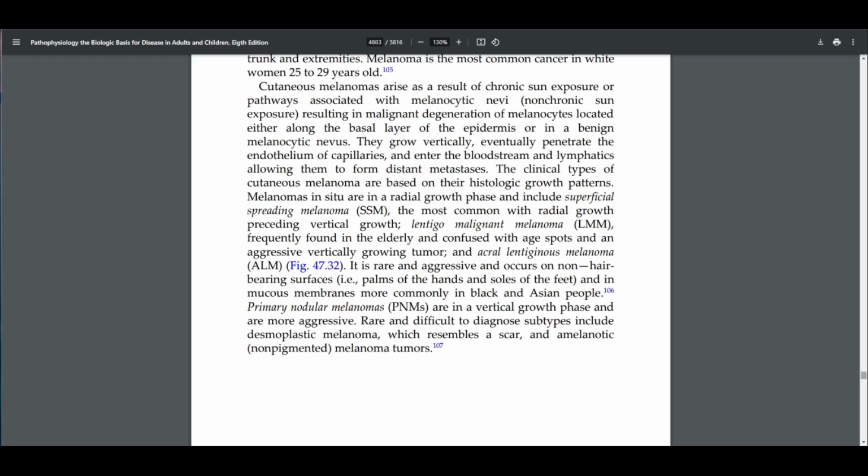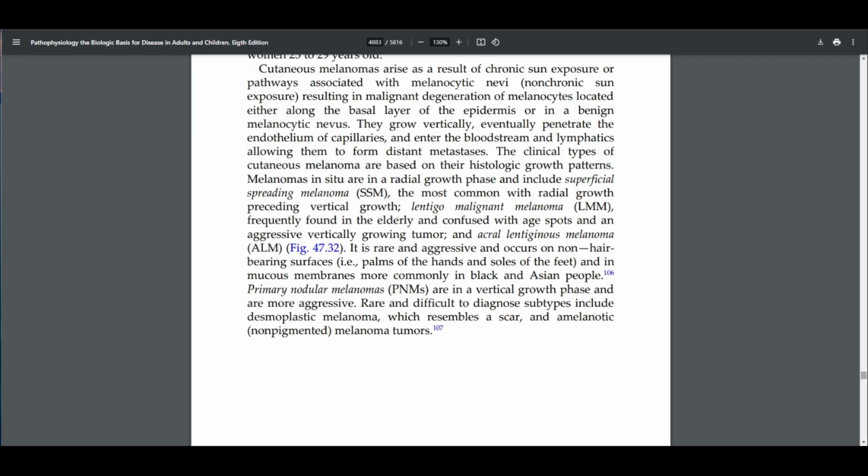Acral lentiginous melanoma is rare and aggressive and occurs on non-hair-bearing surfaces and in mucous membranes, more commonly in Black and Asian people. Primary nodular melanomas are in a vertical growth phase and are more aggressive, rare, and difficult to diagnose. Subtypes include desmoplastic melanoma, which resembles a scar, and amelanotic melanoma tumors.